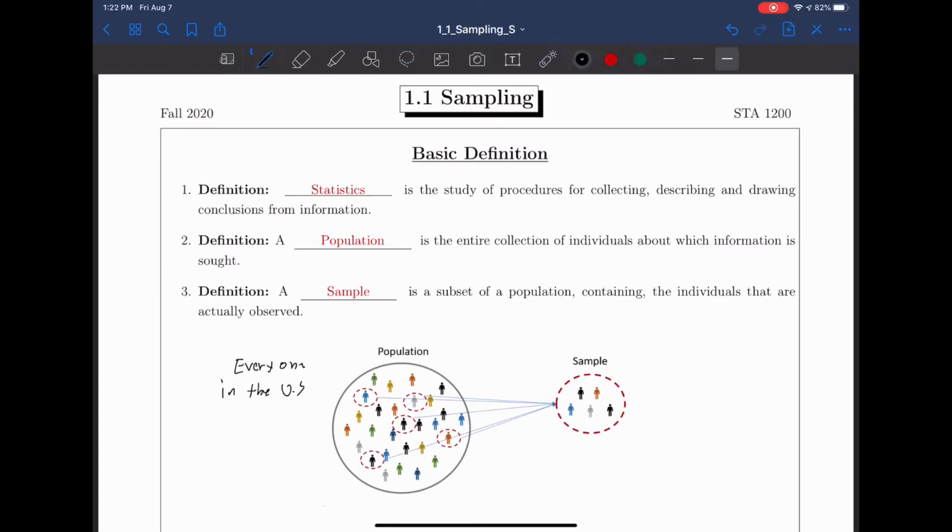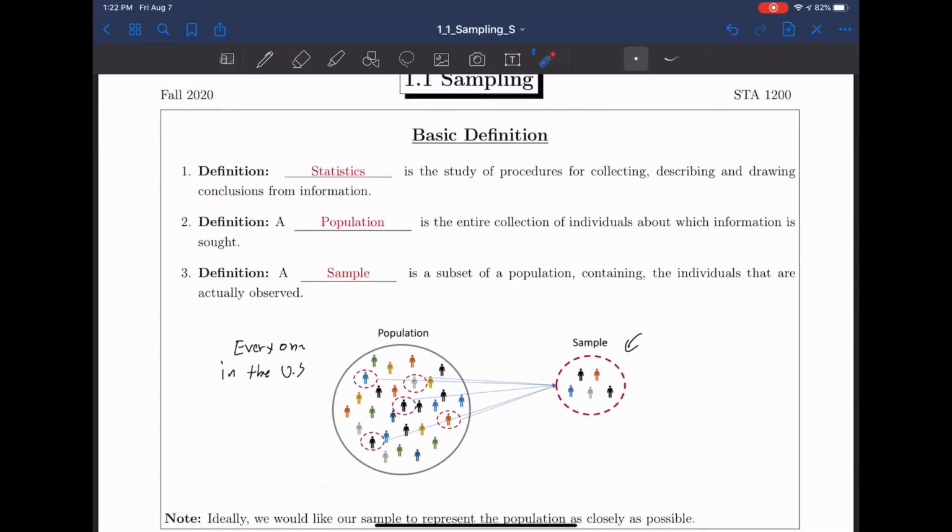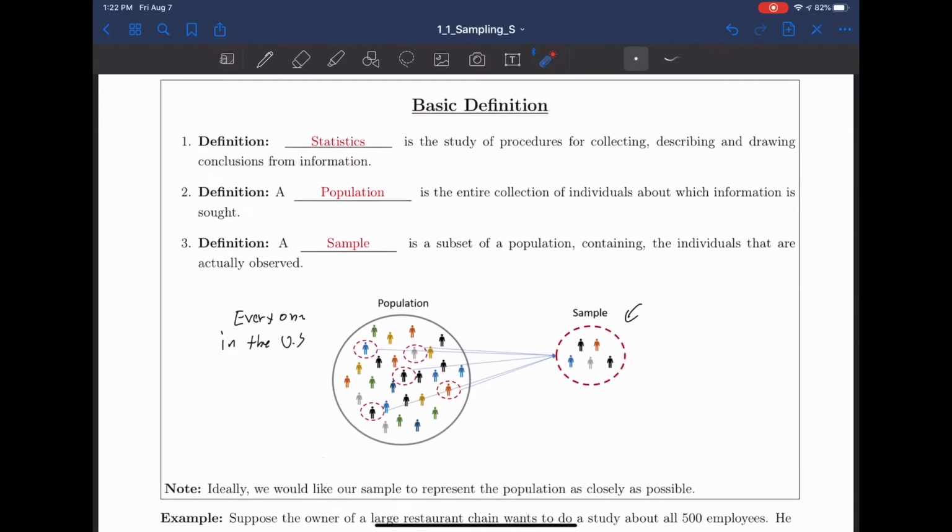A sample is a small subset of the population, and ideally we want our sample to represent the population as closely as possible. Unfortunately, there is no direct way of doing that, but there are methods that come really close.